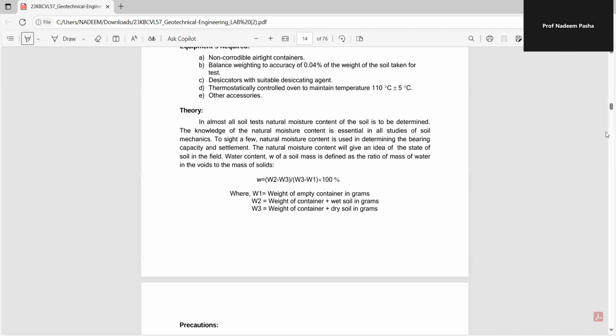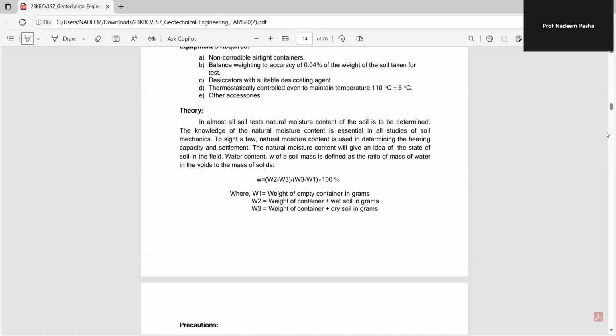Water content w of a soil mass is defined as the ratio of the mass of water in the soil to the mass of solids. As I said, what is water content? Mass of water to the mass of solids. So what is the equation used for determining water content? Small w equals (W2 minus W3) divided by (W3 minus W1) into 100%.